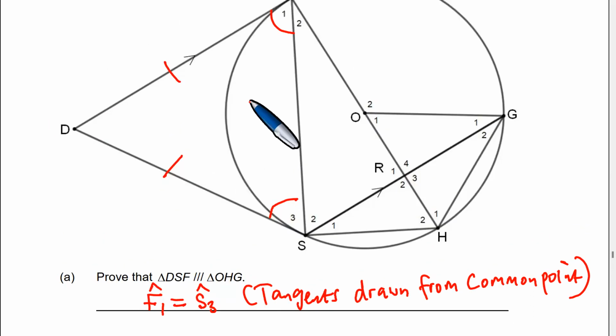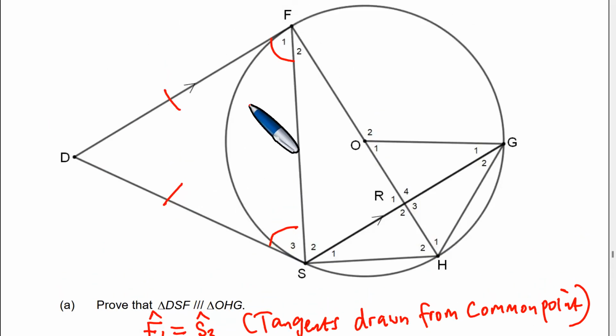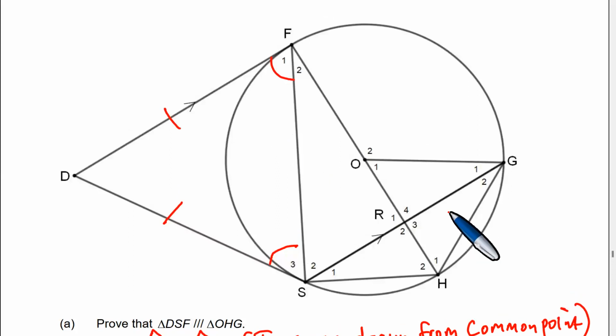If this triangle is isosceles, next, we want to reach this triangle OHG.